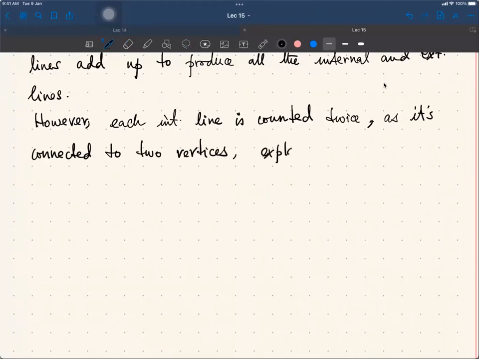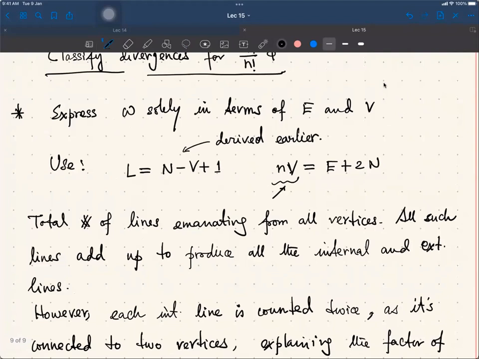This explains the factor of 2 on the RHS. Now, notice one thing, that using these two relations, we can eliminate V. You just set V equals E plus twice capital N divided by small n and substitute that here.